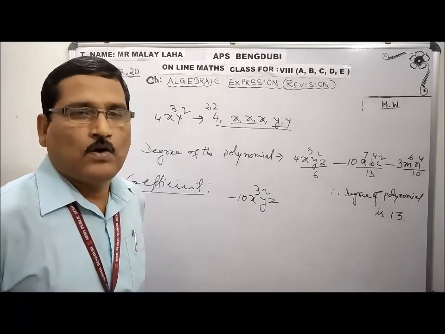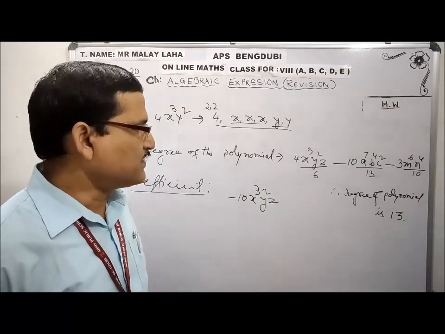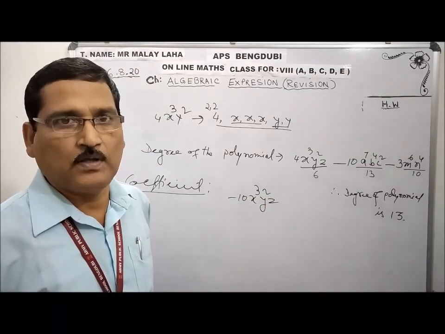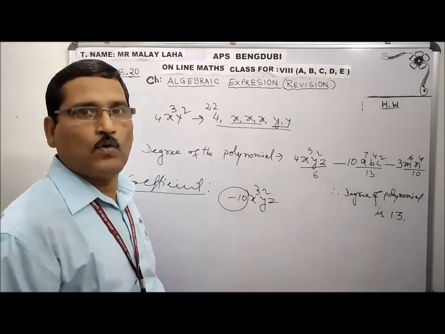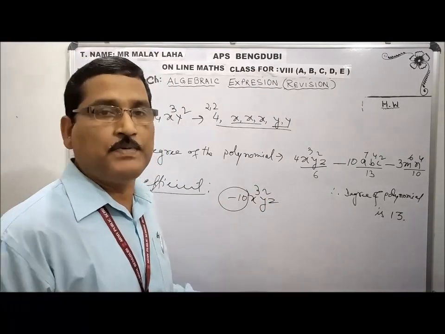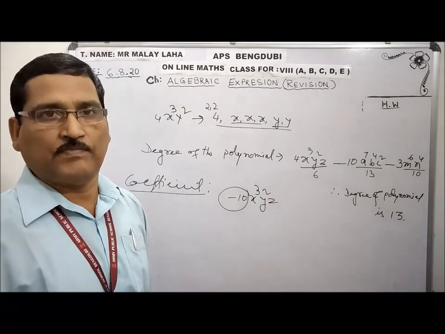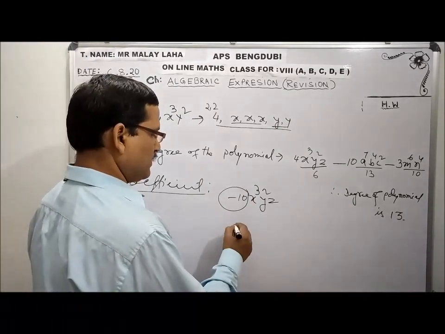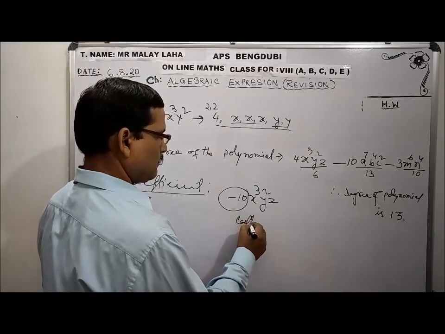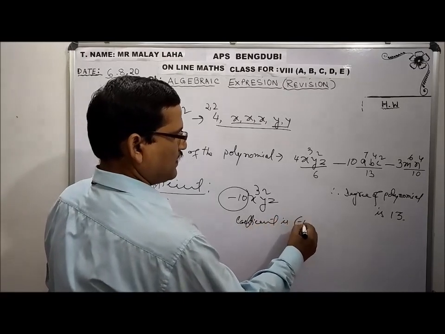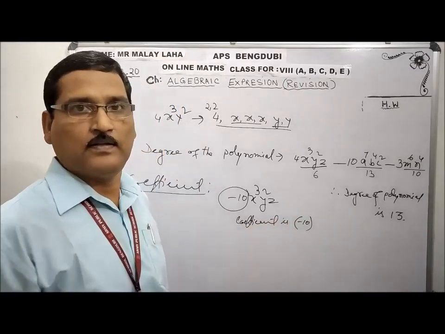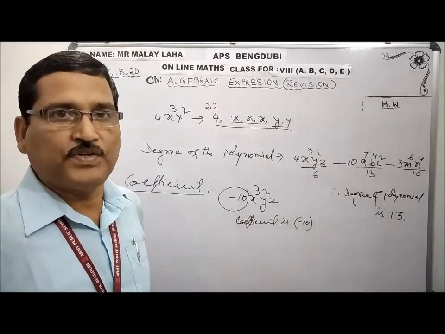If I am asking what is the coefficient of this expression or polynomial, then you will say only the numerical part. Coefficient of the term means numerical factor of the term. So here the coefficient is minus 10 along with sign. Minus 10 is the coefficient.